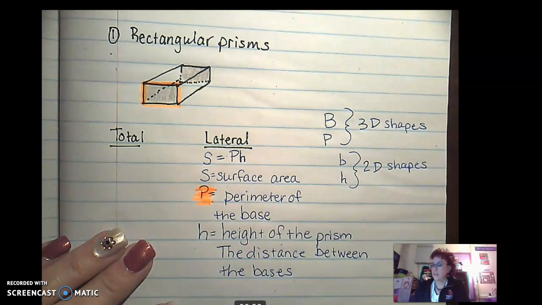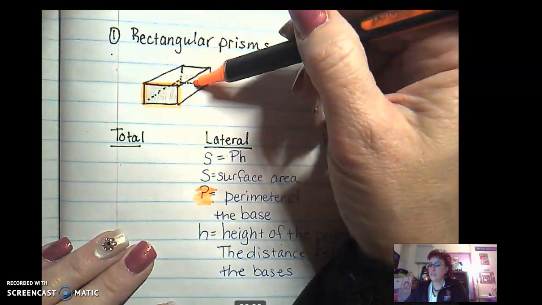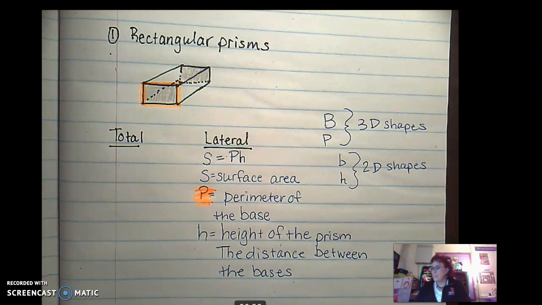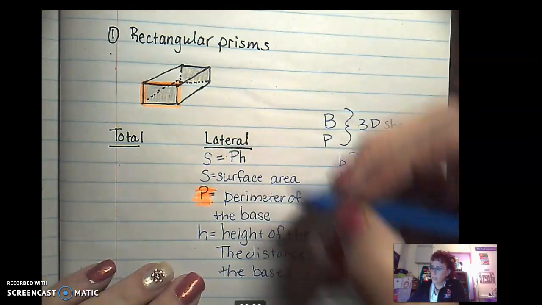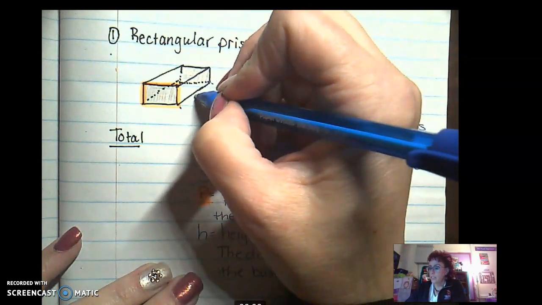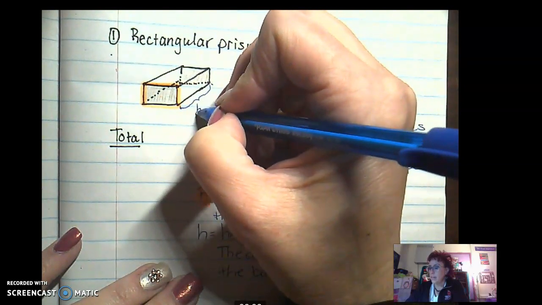I know that's the base because my bases are shaded, they're congruent and parallel. Then you look at that distance between the bases. Here's a base here and there's a base here, so the distance between those two bases, that would be my H value.